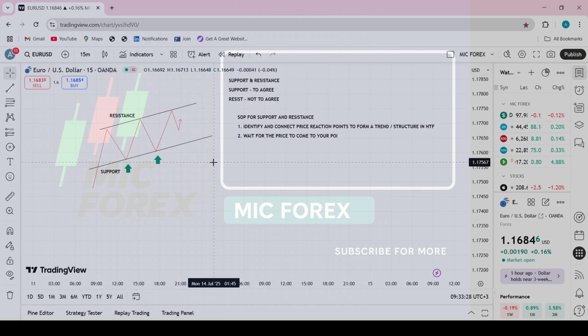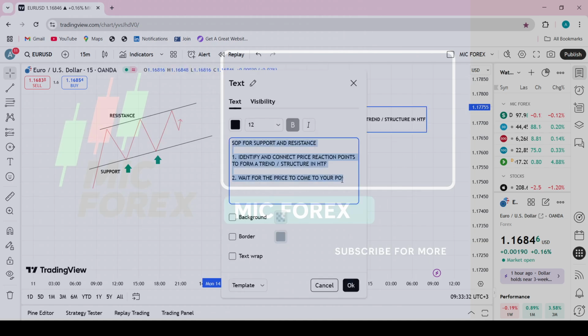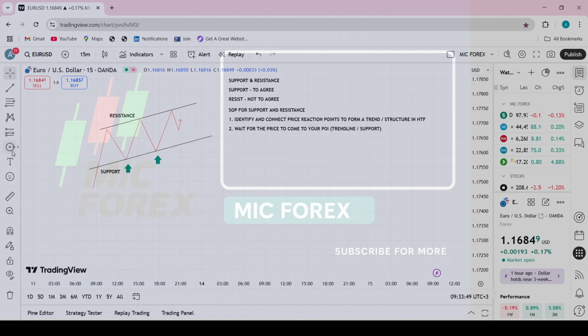What I want to insist is that you wait for the price to come to your trend line, which is now our support. Remember, we want to buy, so we are going to wait for the market to come and touch our zone.